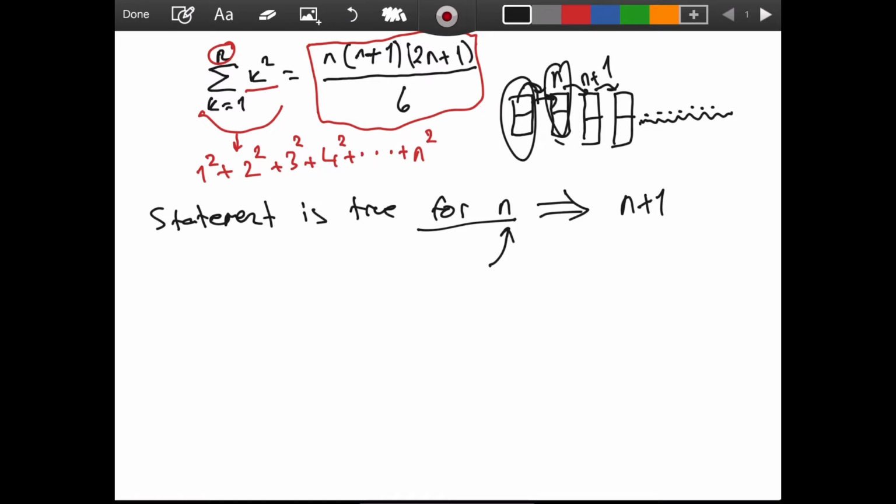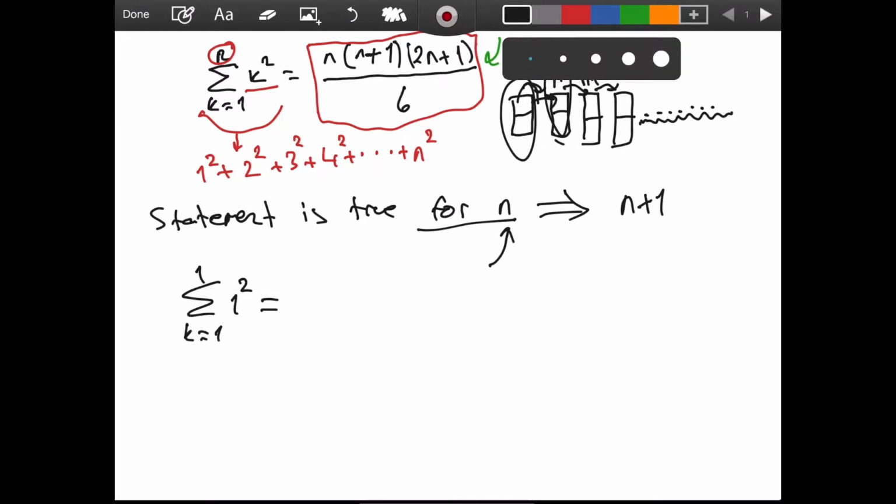What I mean is, if we have this, does it equal the formula? Well, let's see. What should this sigma notation be equal to? Well, it is saying start at 1 and add the squares until 1. Well, it is just 1 squared, so it is 1.